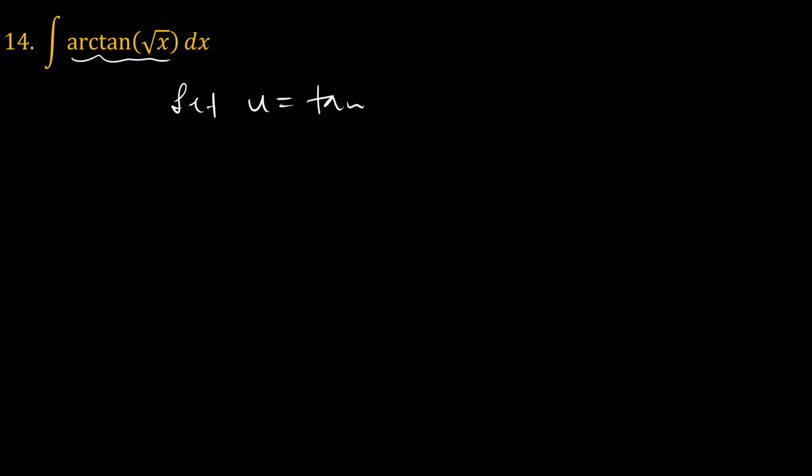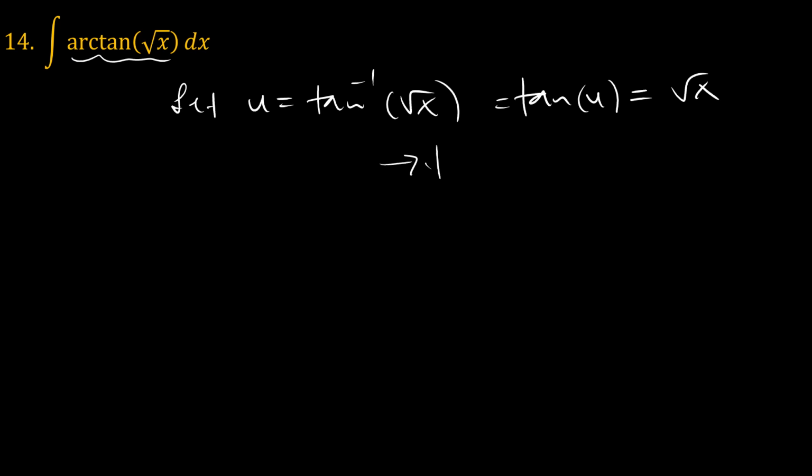Number 14 is the indefinite integral of the arctangent of the square root of x. Okay, this is interesting. My quick intuition is to say let u be equal to the arctangent of the square root of x, which means that tangent of u is equal to square root of x, and therefore tangent squared of u is equal to x.